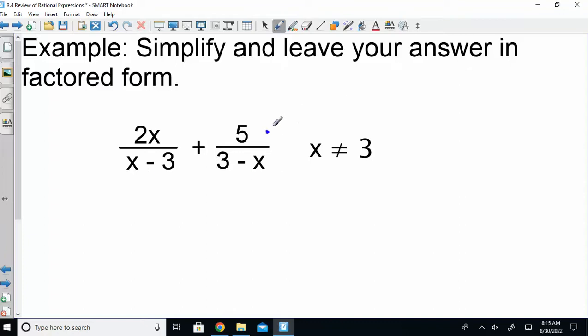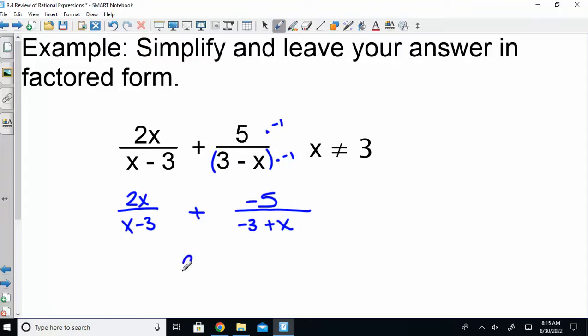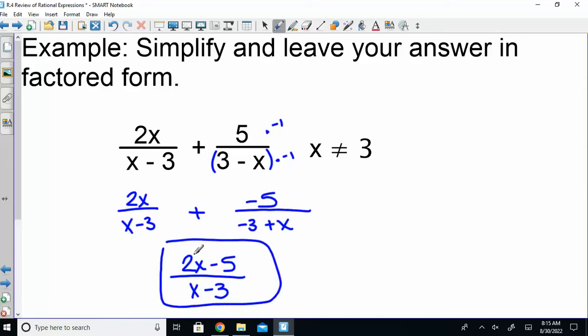So the easiest fix would just be to multiply one of these things by -1. Right, this would be a -3 plus x, which is the same thing as x minus 3. Can I add 2x and minus 5? No. So we just write 2x minus 5 over x minus 3 or -3 plus x.